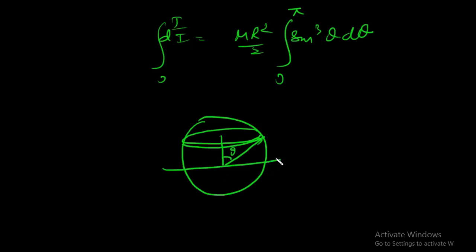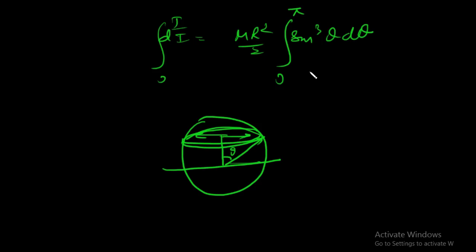To cover the whole ring, this angle will go from 0 to 180. That's it. This angle can go from 0 to 180 to cover the whole ring. So this is from 0 to pi, and this is sine cube theta d theta, right?